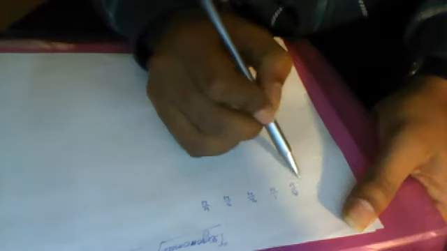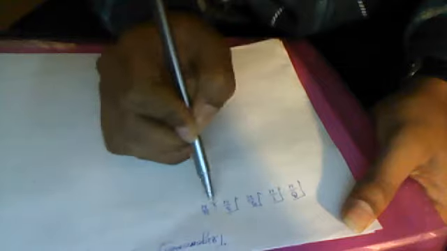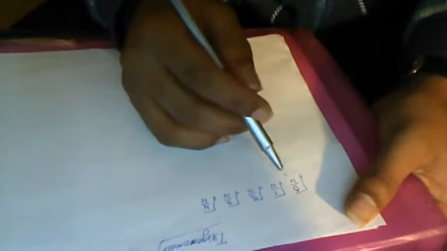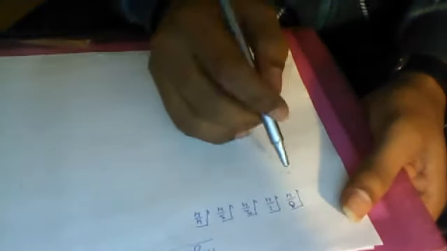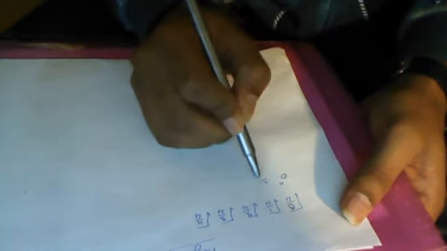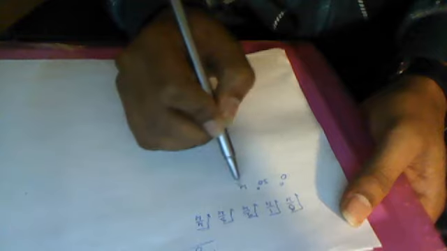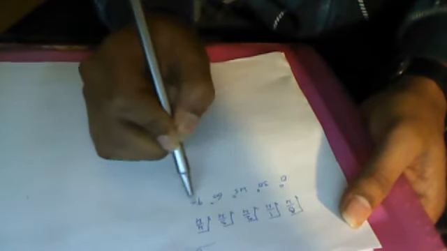Now you have to square root all the values. Now you can see a simple pattern has occurred. But before going to that, let us create our table, which is for 0 degrees, 30 degrees, 45 degrees, 60 degrees and 90 degrees.